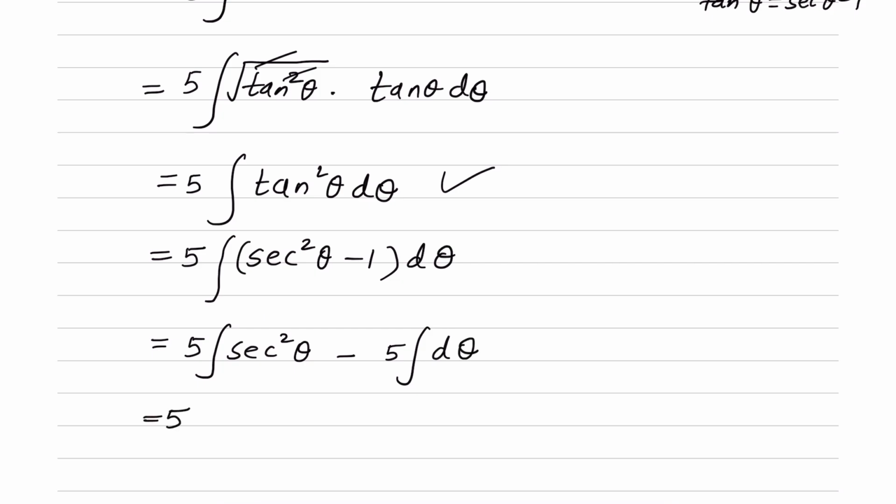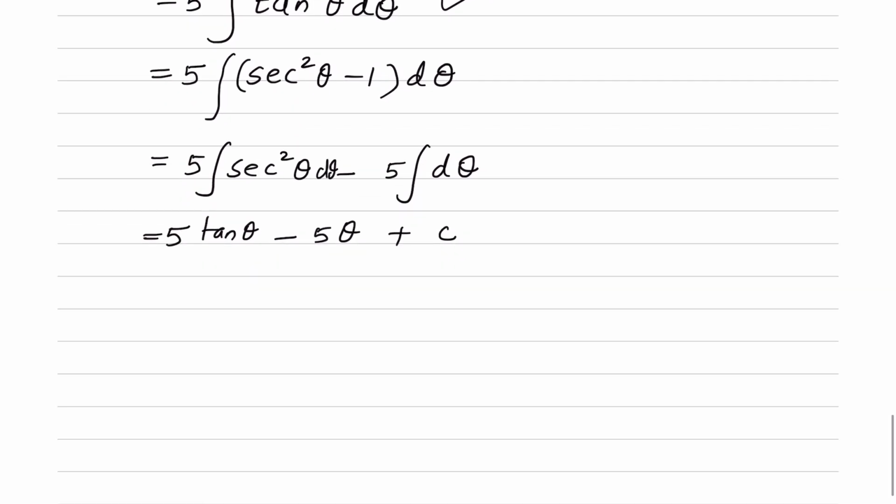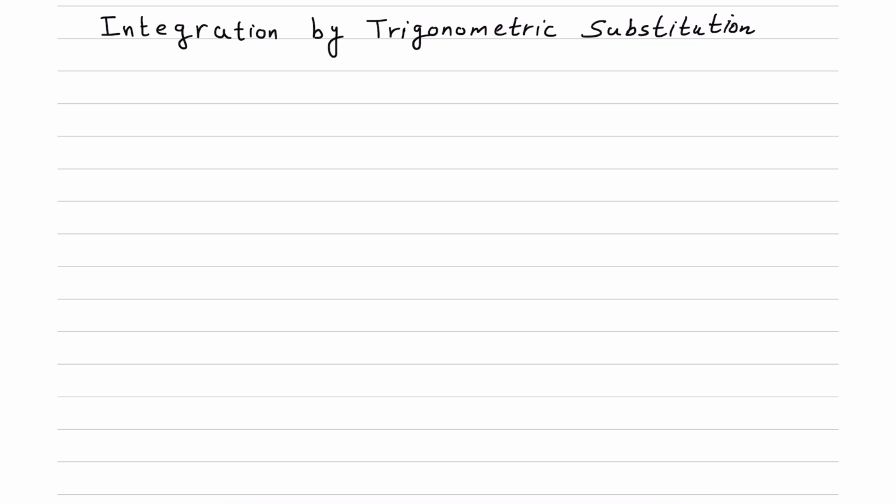By the formula, the integral of secant square theta is equal to tan theta, so we get 5 tan theta minus 5 theta plus some constant. Since theta was not originally part of our question, but we used it in substitution, x is equal to 5 secant theta. So we will write x is equal to 5 secant theta, and from here we will extract the value of theta.